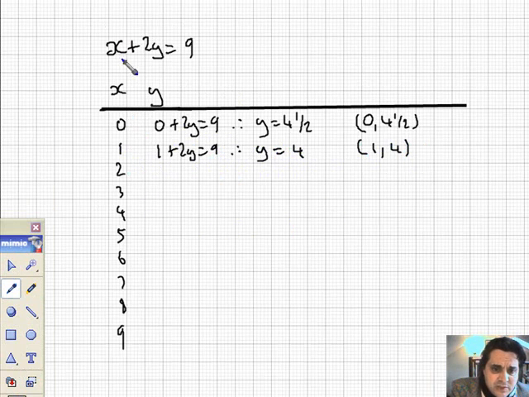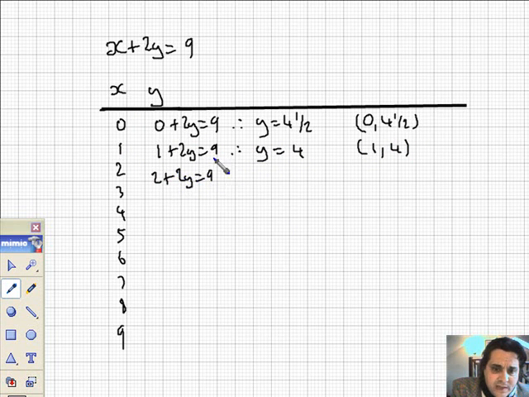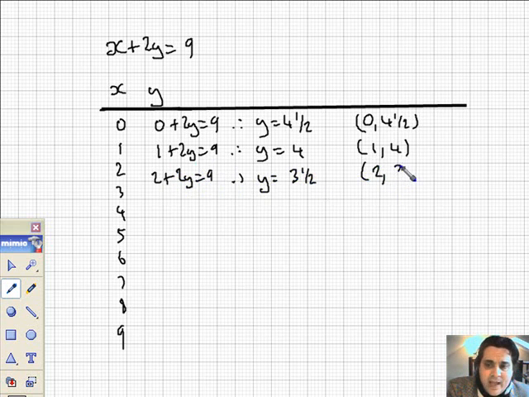Here I'm going to substitute the 2 in the x value, so 2 plus 2y equals 9. Again, take away from the 9, and that will give us y equals 9 take away 2 is 7, so 7 divided by 2, 3.5. And I've got the point 2, 3.5. Okay, here's the trend going down in 3.5s.